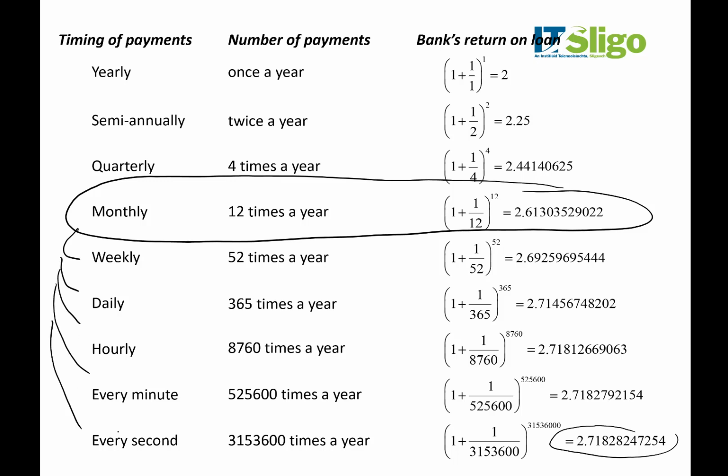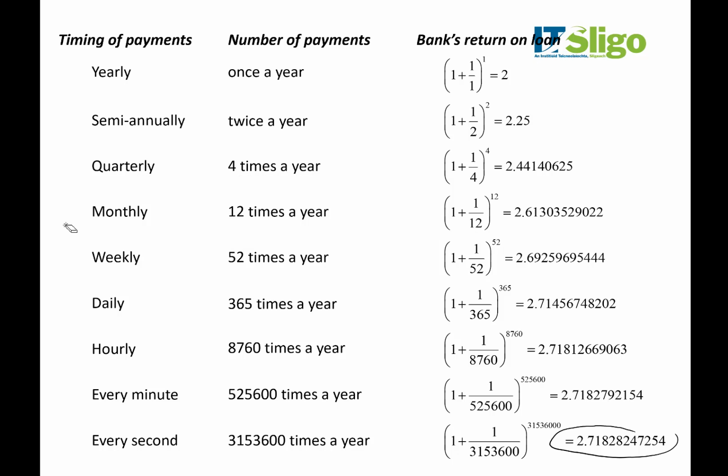There's not a whole lot of gain to be had by making the divisions any smaller than a month. So this figure is the limit as to how much you'd have to pay back. And obviously we could drive it further and further, but it's just going to get closer and closer to this limiting value.